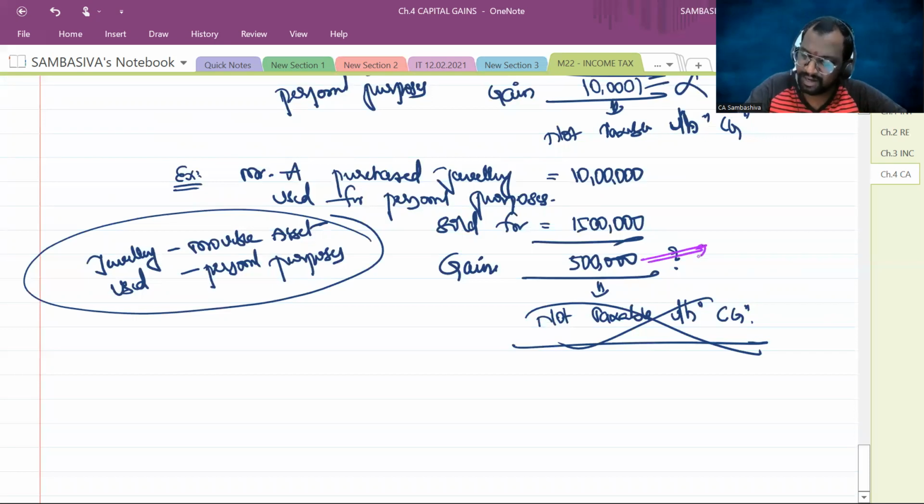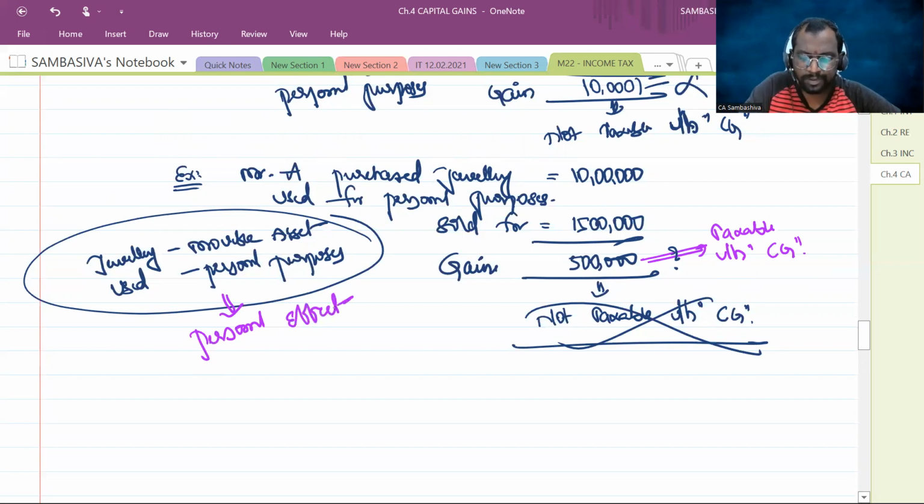This gain of rupees 5 lakhs is taxable under the head capital gains. Is it a personal effect? It is movable in nature and used for personal purposes, but it is an exception to personal effect.